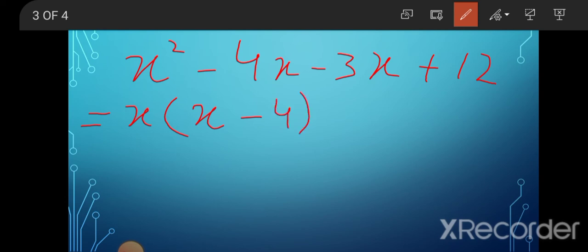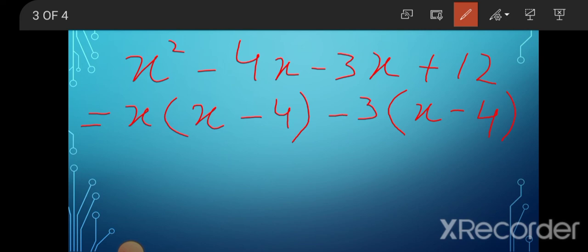Now for the last pair, 3 is a factor of both terms, so minus 3 can be taken common outside, and within the brackets we are left with x from the third term. As a negative sign is outside the bracket, it changes the sign inside the bracket, so this turns into a negative sign. And 3 times 4 is 12, so we write 4 here.